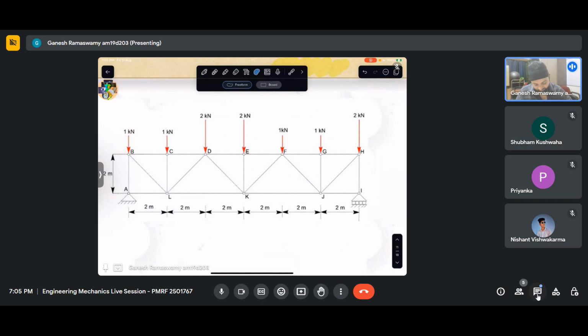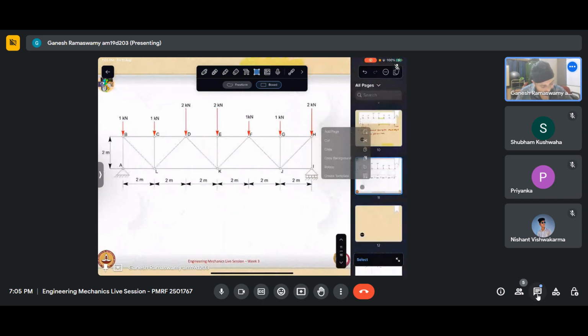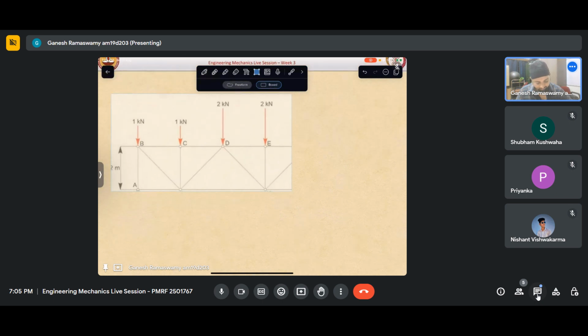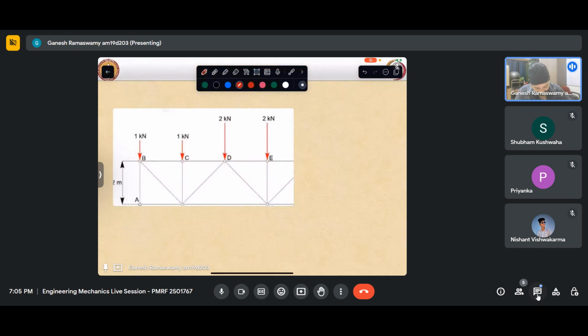Now let us say that I took a section like this. At A, I know this is 4.67 kilonewton because we have solved for it. What else is there? I have a force that gets revealed here, here, and here.